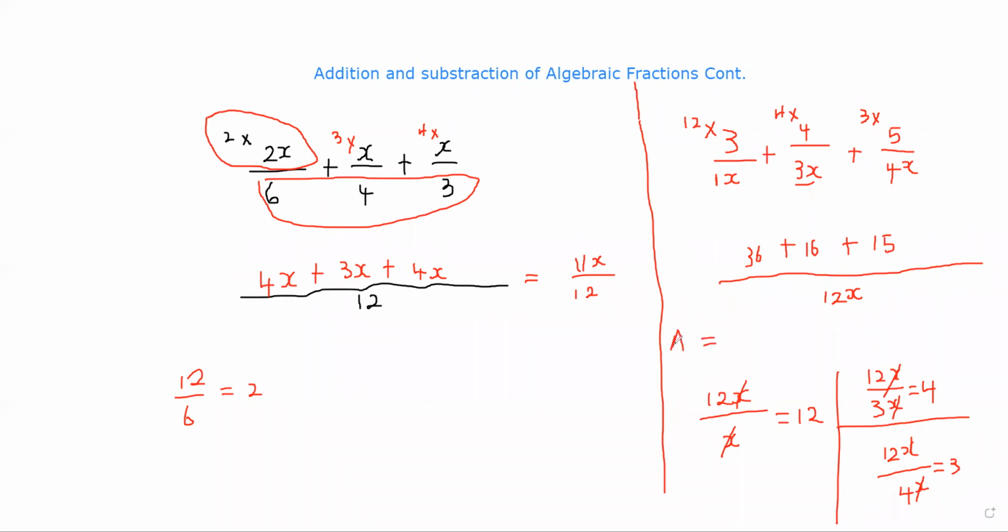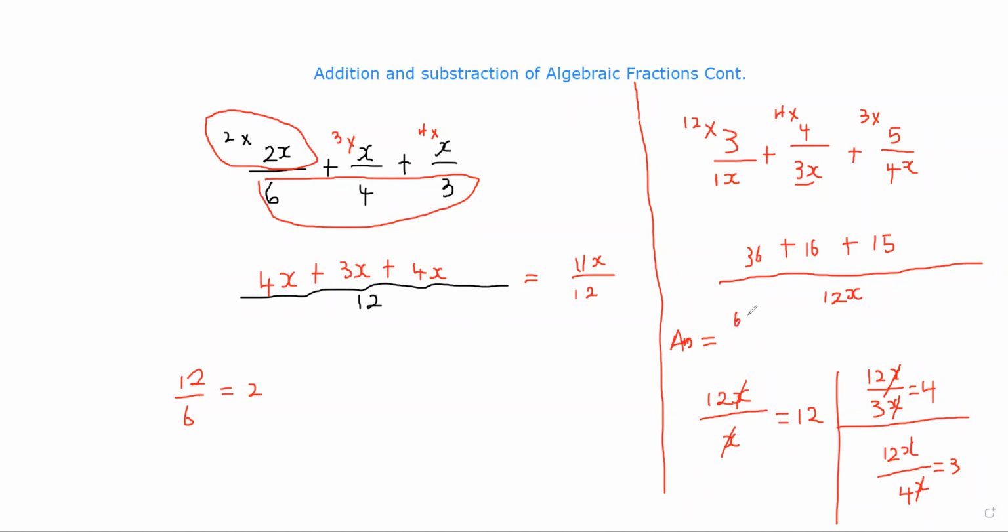And you can get your answer. So we add 36 plus 16 plus 15, how much? Somebody. So 67. Good.